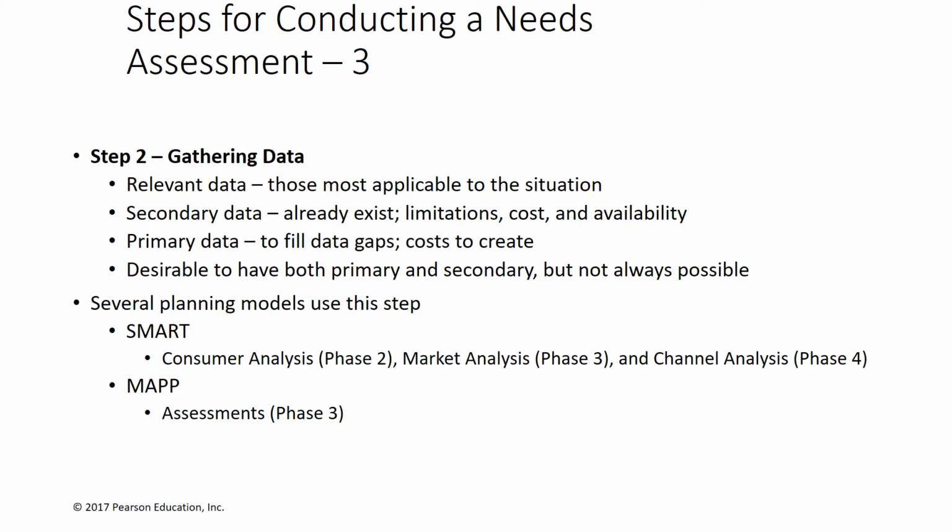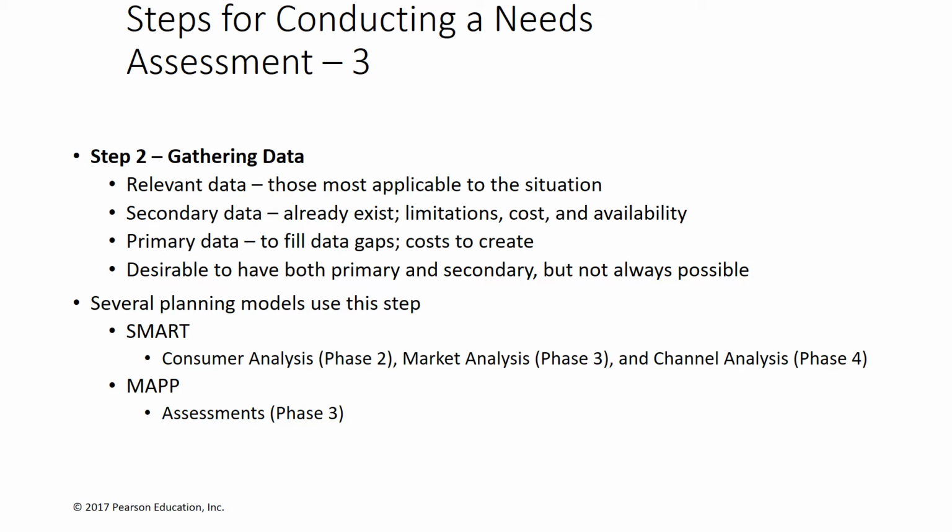Again, with secondary data, do you have access to it? Does it address your needs? Primary data fills in data gaps. So you want to review the existence of secondary data. If it's already out there and it serves your purpose and you have access to it, then use it.